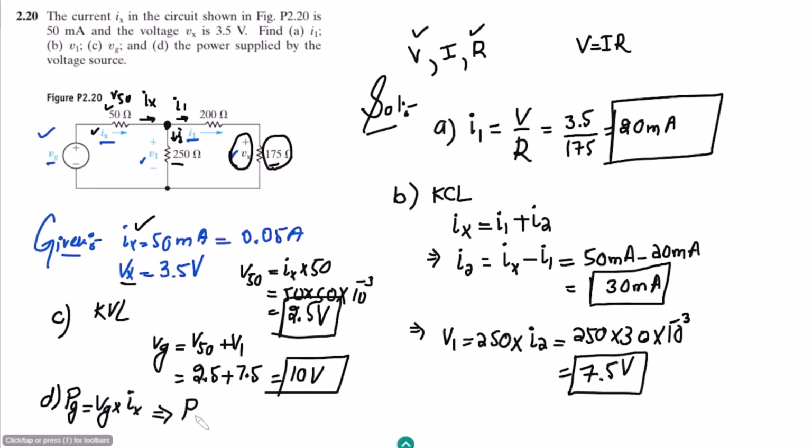The value of Vg is known. The value of Vg is 10, and the value of Ix is 50 milliamps, so 10 to the power minus 3. Ultimately we will get 0.5 watts. That is basically the solution of question 2.20.